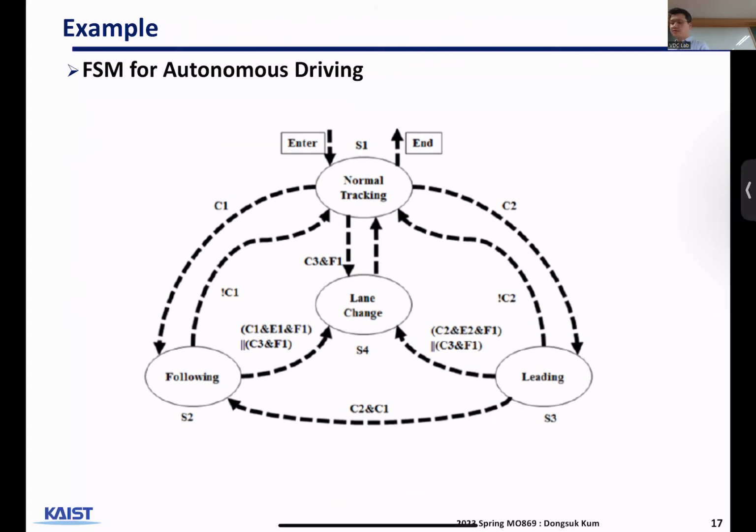So for instance, we may have lane keeping, lane following, target vehicle following type of scenario. And then we will have to change lanes. If you want to take left, take right, you will need to change lanes to follow the global route.